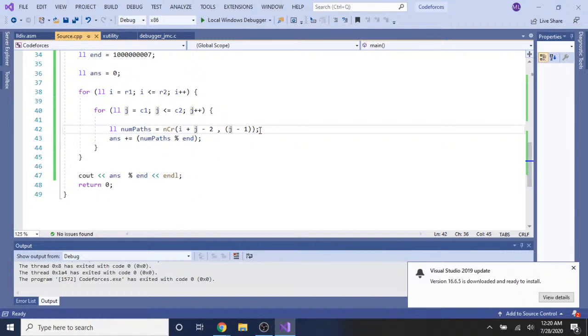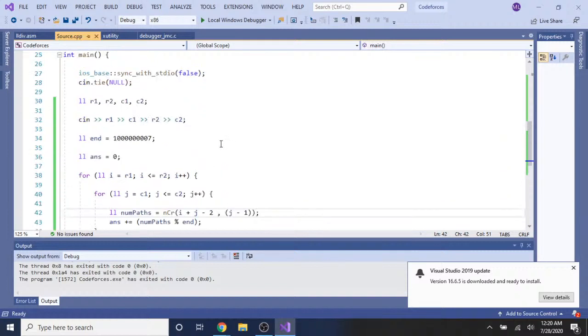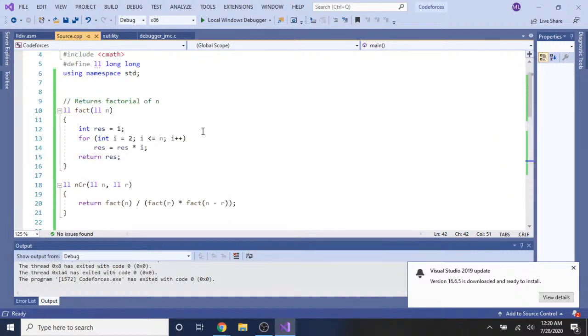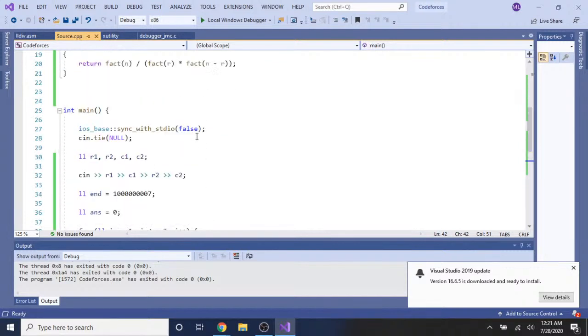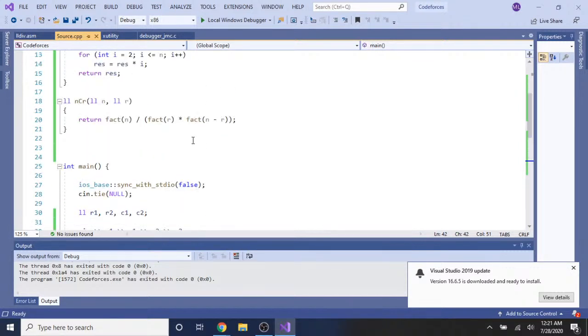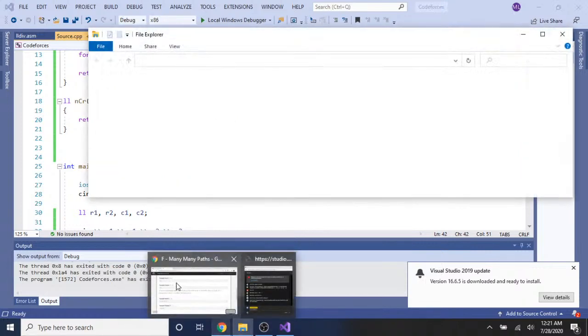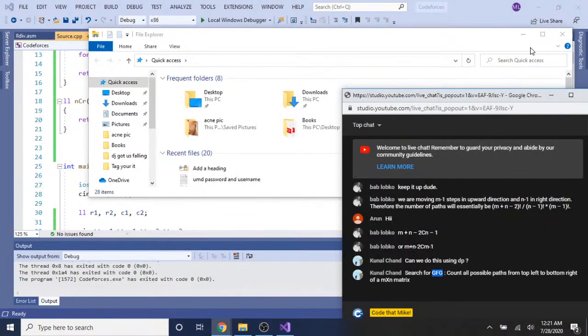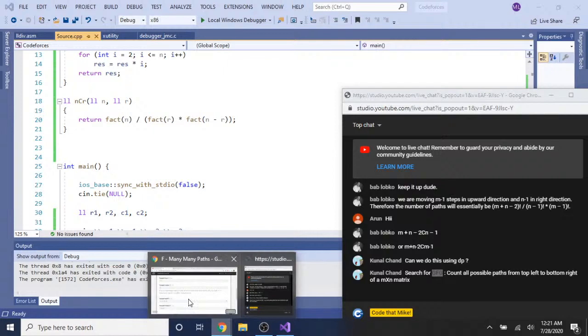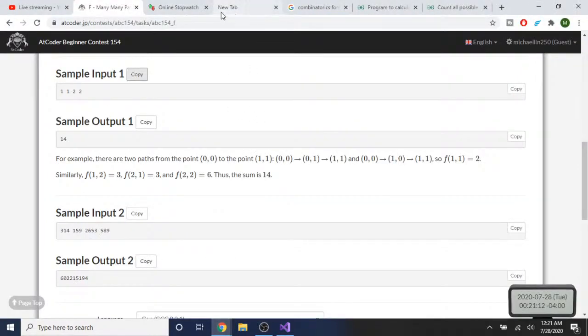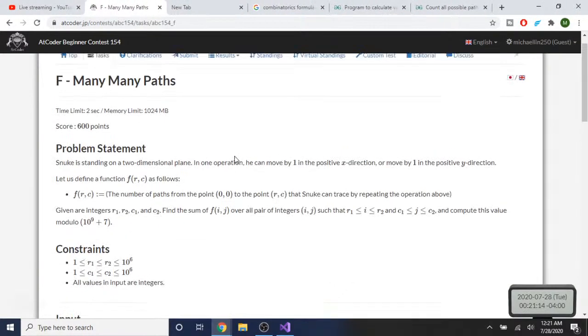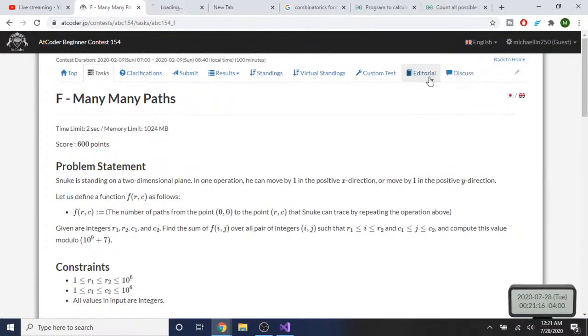Why are we still getting it wrong? Okay, let's go look at the editorial and then try to implement it.